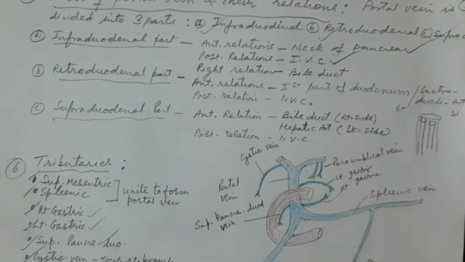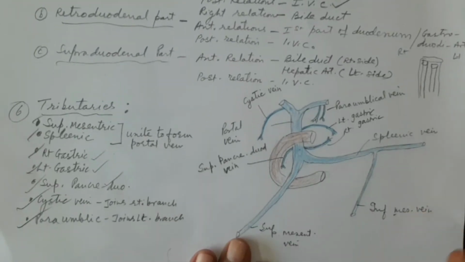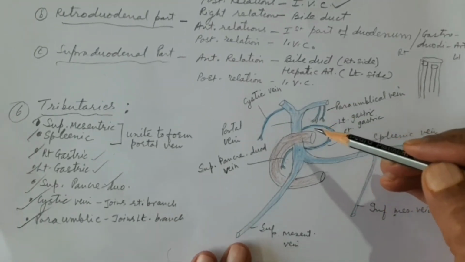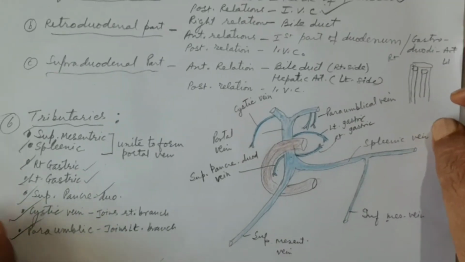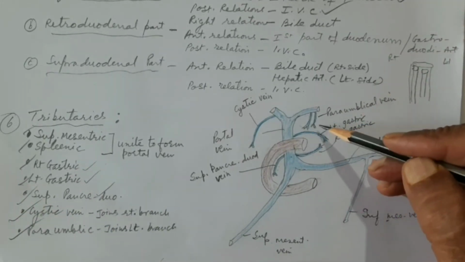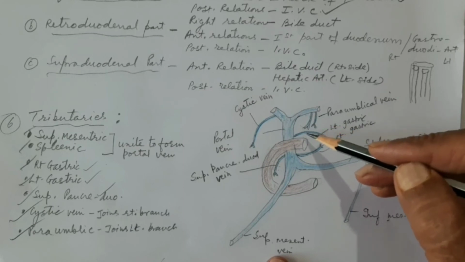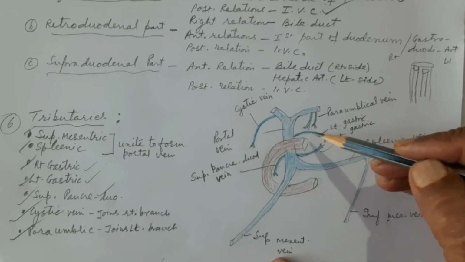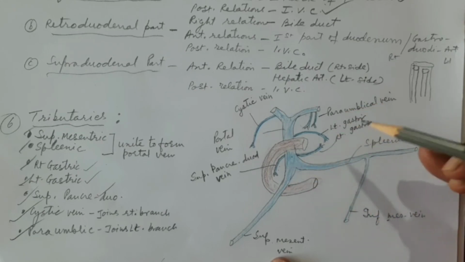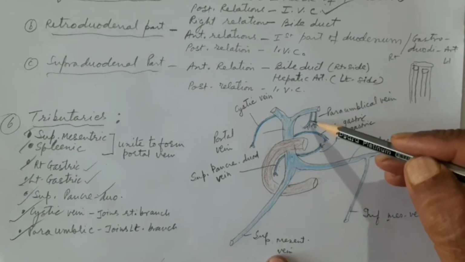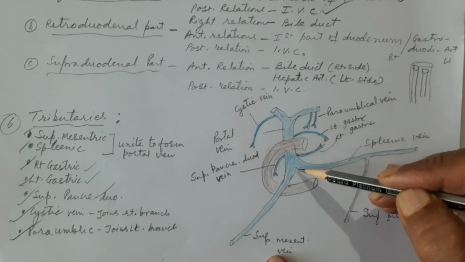They communicate with the systemic veins in the umbilical region, the superior epigastric and inferior epigastric veins. As I said, usually there is no functional communication, but under pressure this communication will open up, and the blood will start going from the para-umbilical veins in the reverse direction.